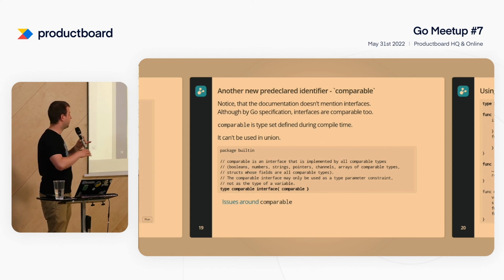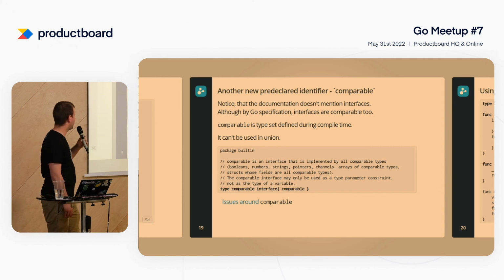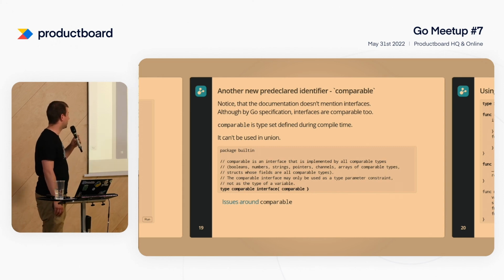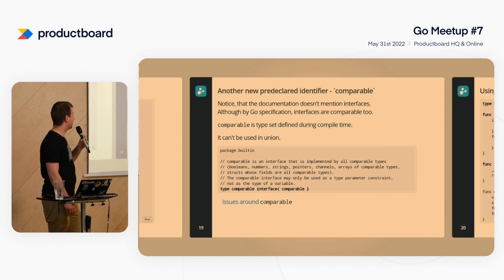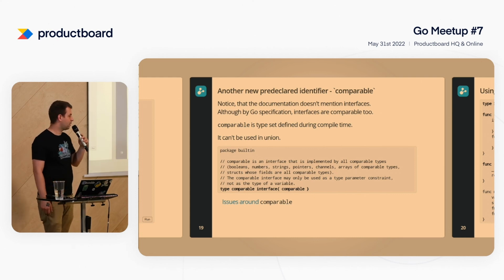That means that every field in the structure is comparable. One thing is that comparable doesn't include interfaces, even though interfaces are comparable by the Go specification. There was some discussion on GitHub, or basically in a mailing list, and the case is not closed yet.